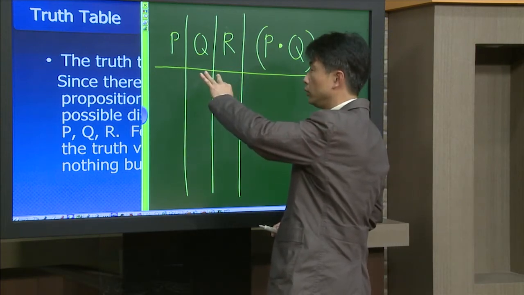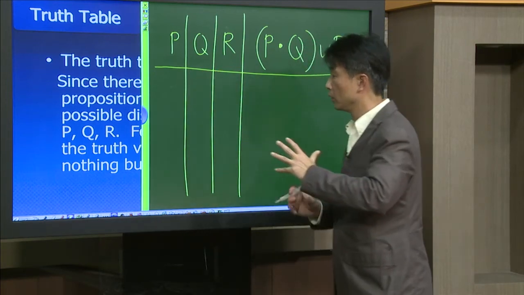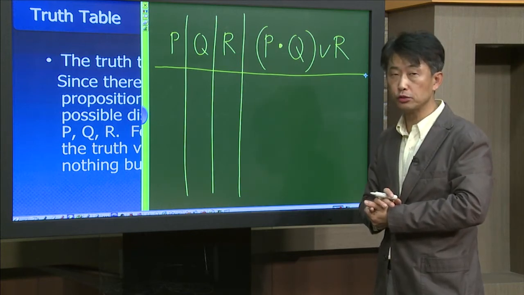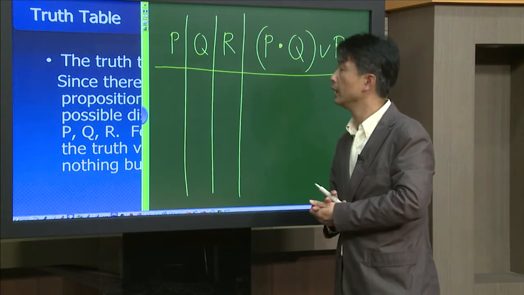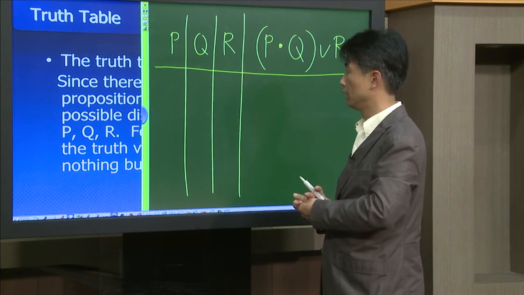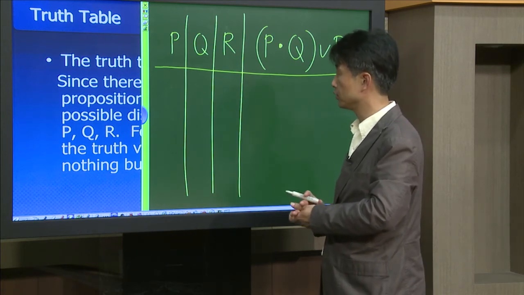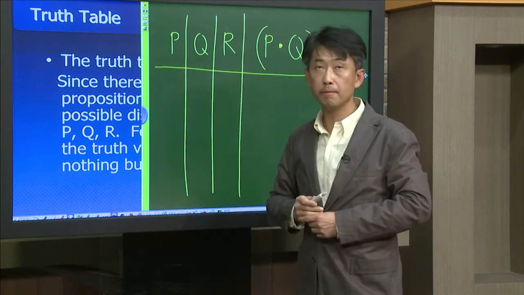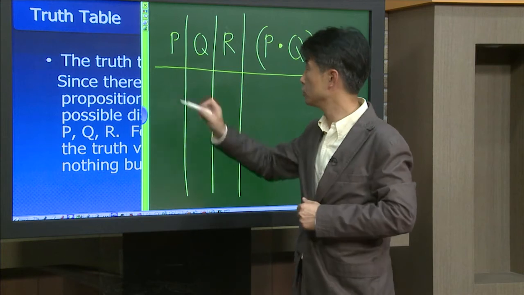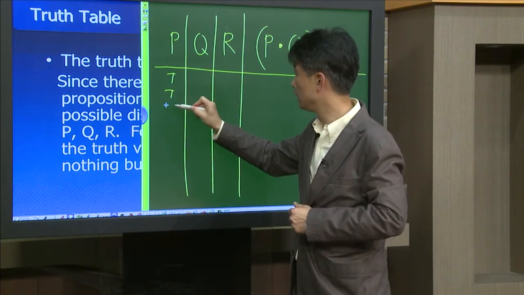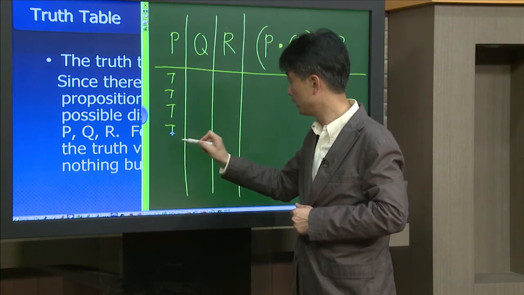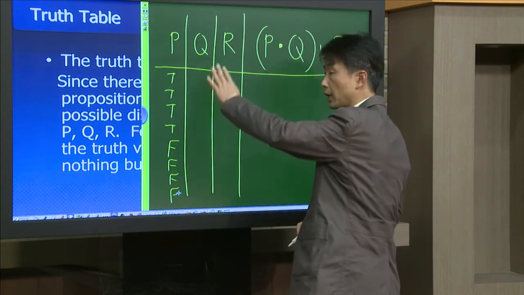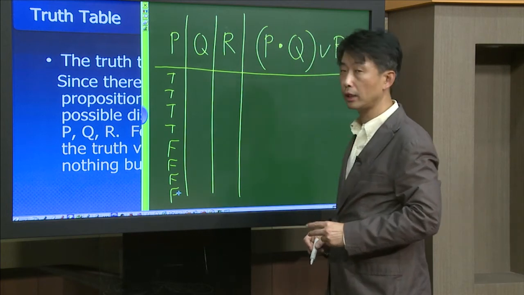And then you give a complete list of combinations for truth values for P, Q, R. There are 8 different possible combinations. The way you do it is, for the first one, you alternate by 4. So T, T, T, T, and then F, F, F, F. For the second proposition, you alternate by 2.